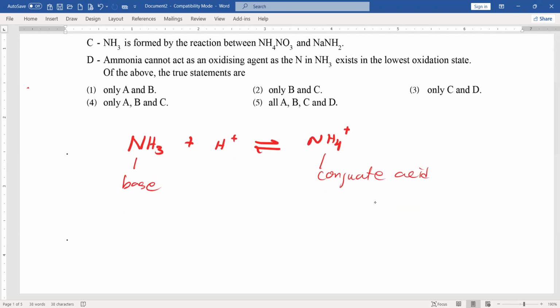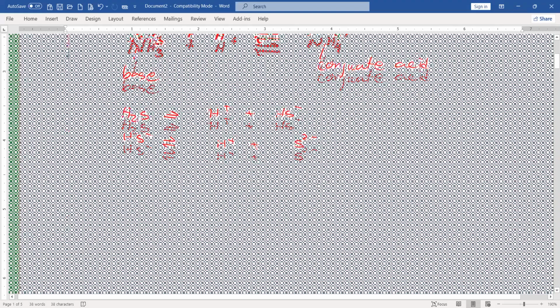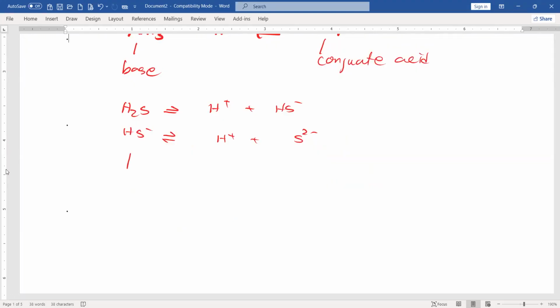So in this case, even if you take H2S, it will dissociate giving H plus and HS minus, and this HS minus will dissociate giving H plus and S2 minus. Even in this case, we can say this is the conjugate acid.